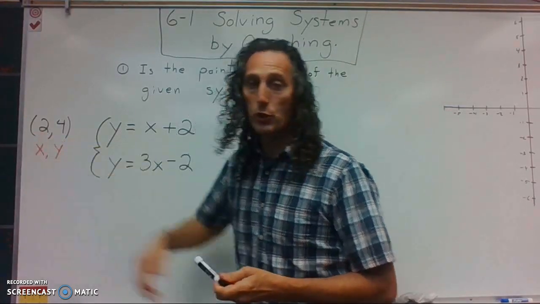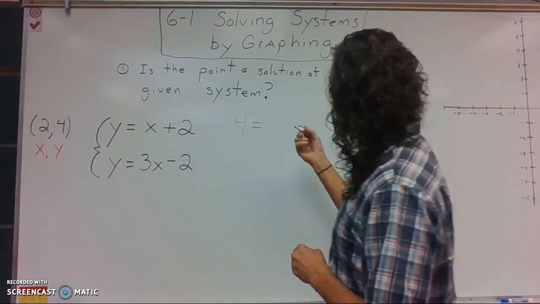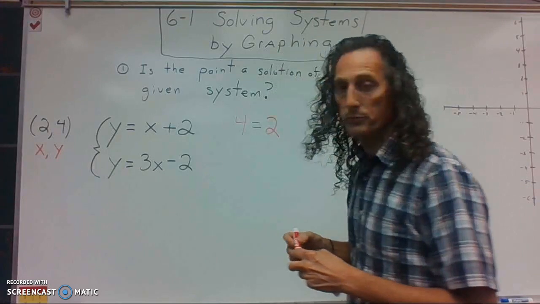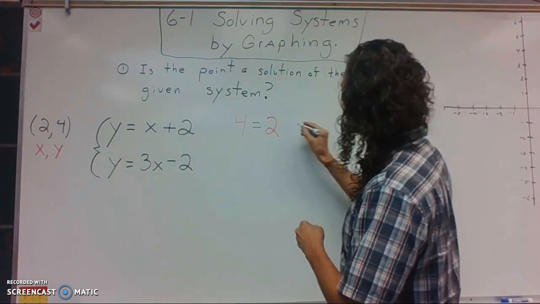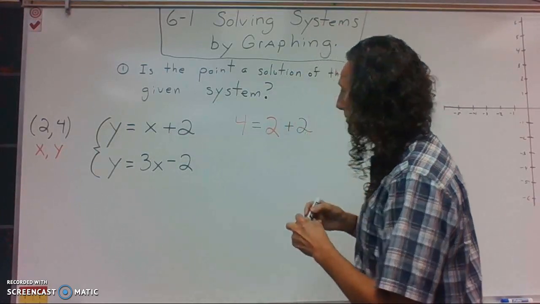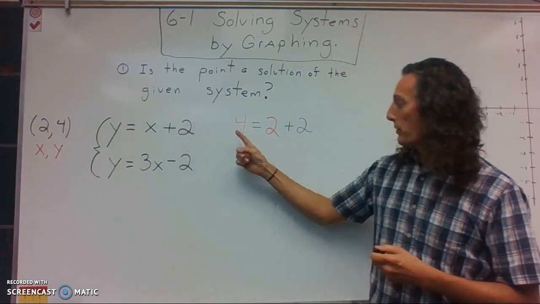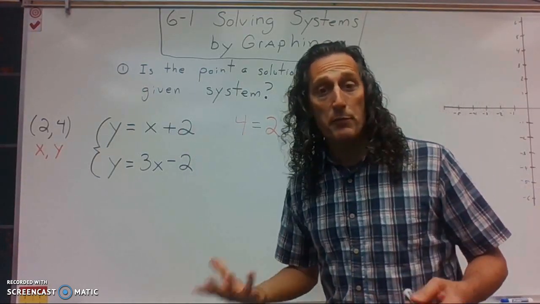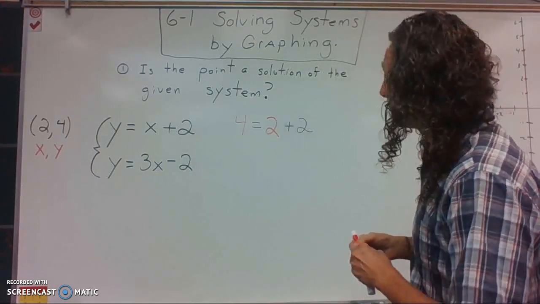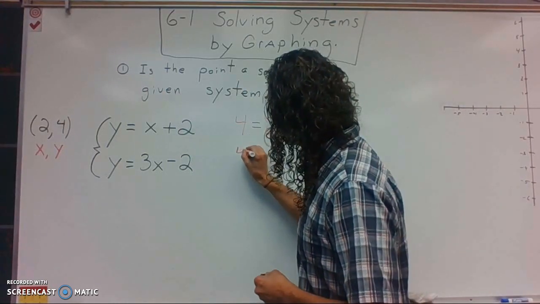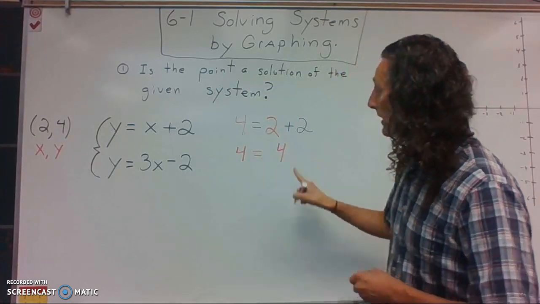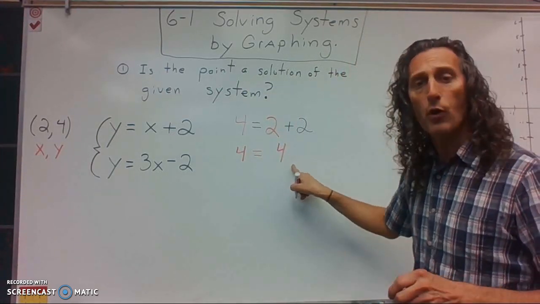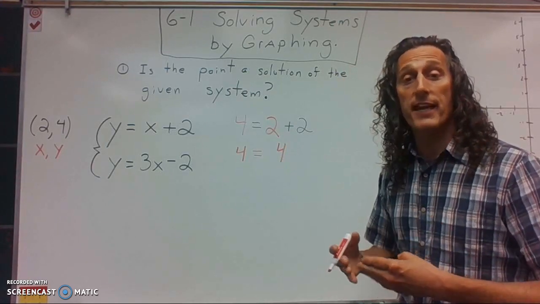My x is 2, so equals 2, and then plus 2. All I did is put in my x and the y, and I'm just going to see if those work. So, 4 equals 4. Obviously, what's 2 plus 2? 4. This checks out.